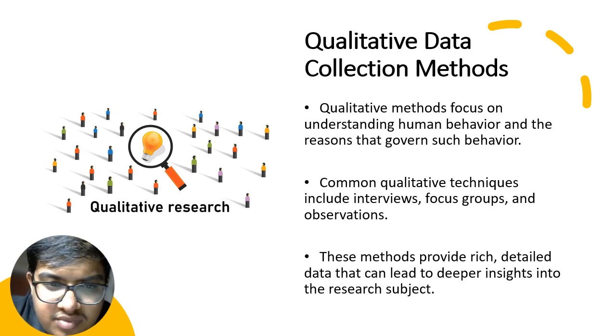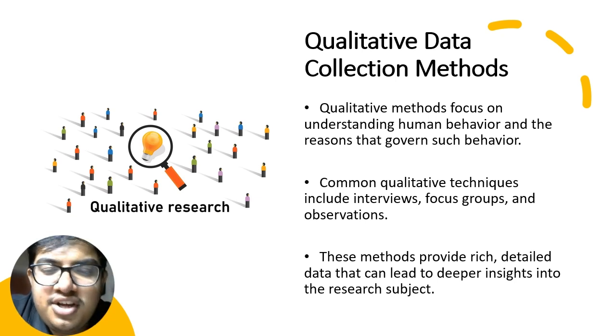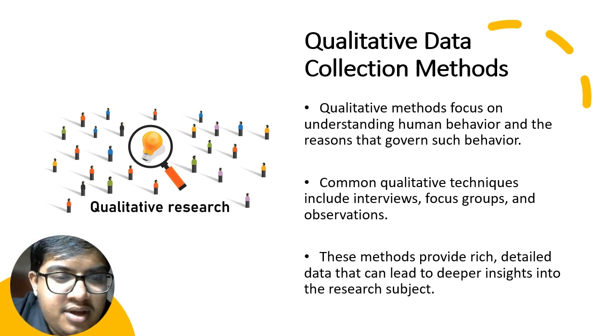And with focus groups, when you're performing certain research, you focus on one group on a specific topic. These methods usually provide very detailed data, which increases the accuracy of your research and leads to a deeper insight into the subject.